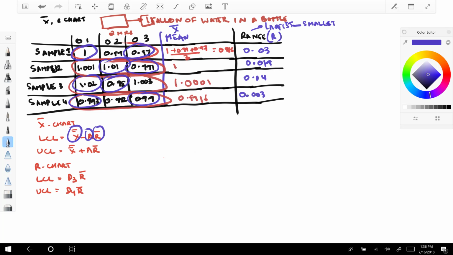Now we want X double bar, which is the grand mean. What we can do is take the average of these four.